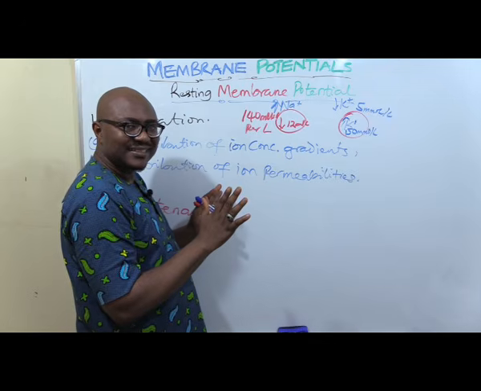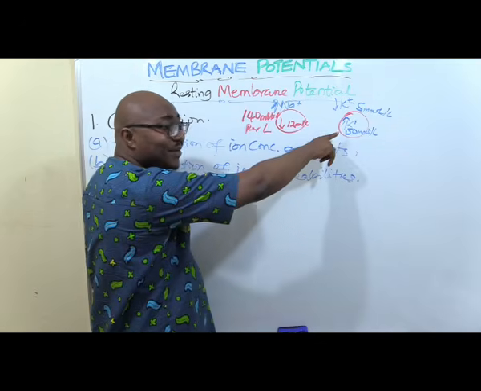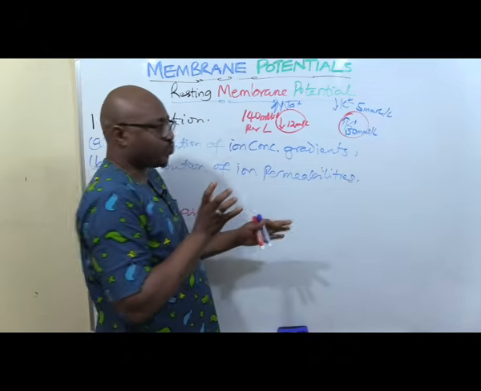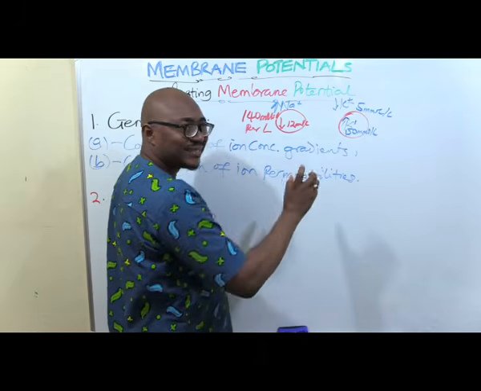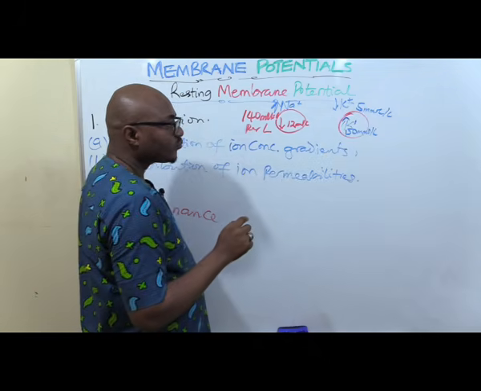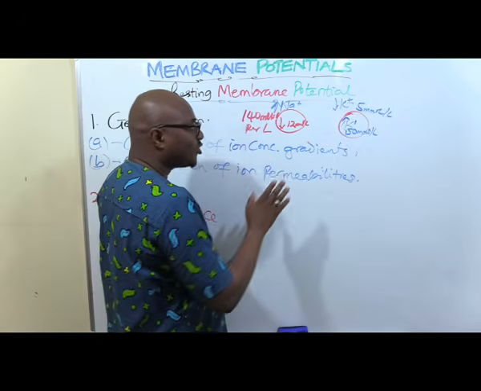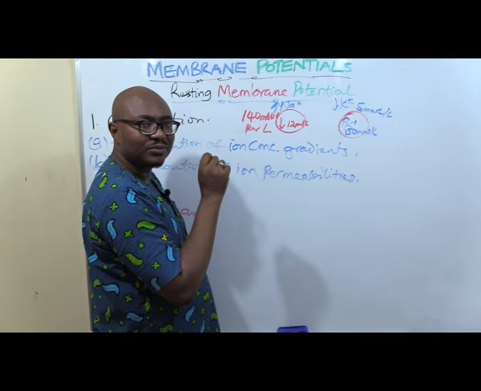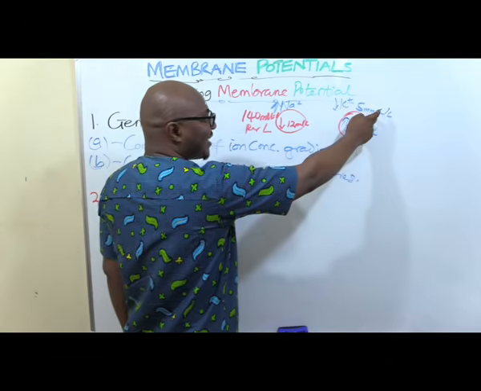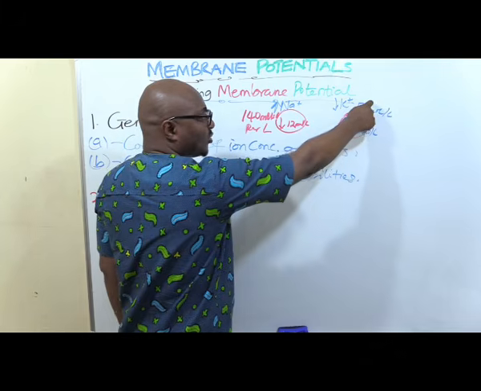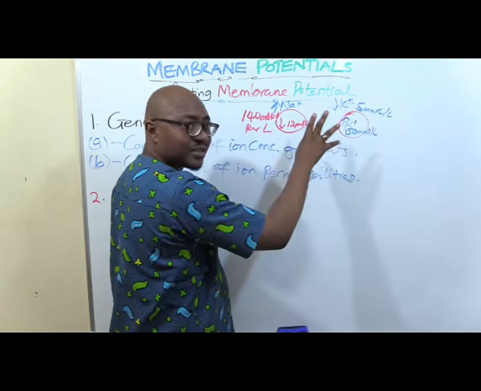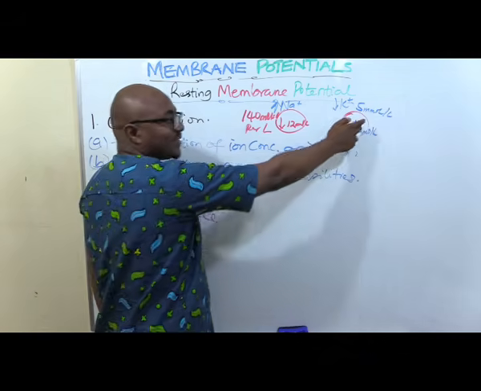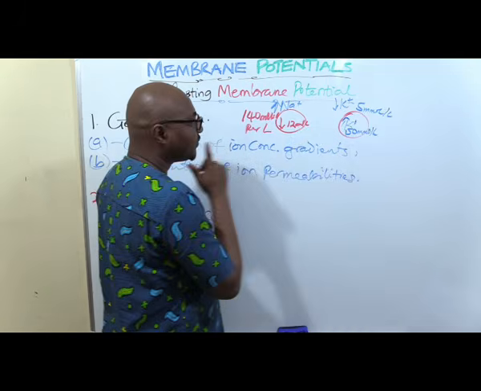Do you understand that? Remember that potassium is a positive ion. So the concentration gradient is trying to push potassium from inside to outside. But as potassium is trying to go outside, what do you think will happen? As it's going outside, here is becoming more positive. We are assuming that this is just all about potassium. Here is becoming more positive, inside is becoming less positive.